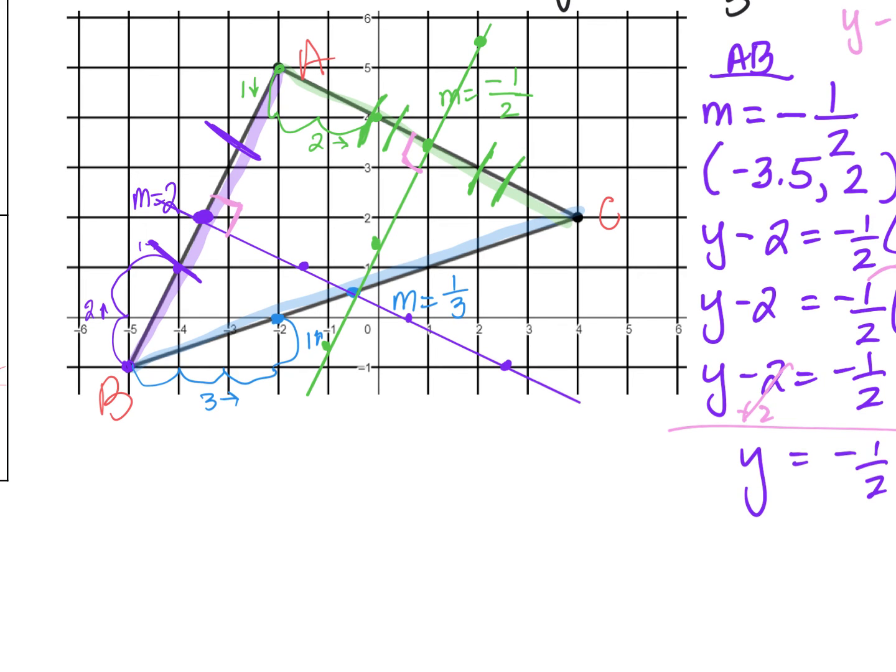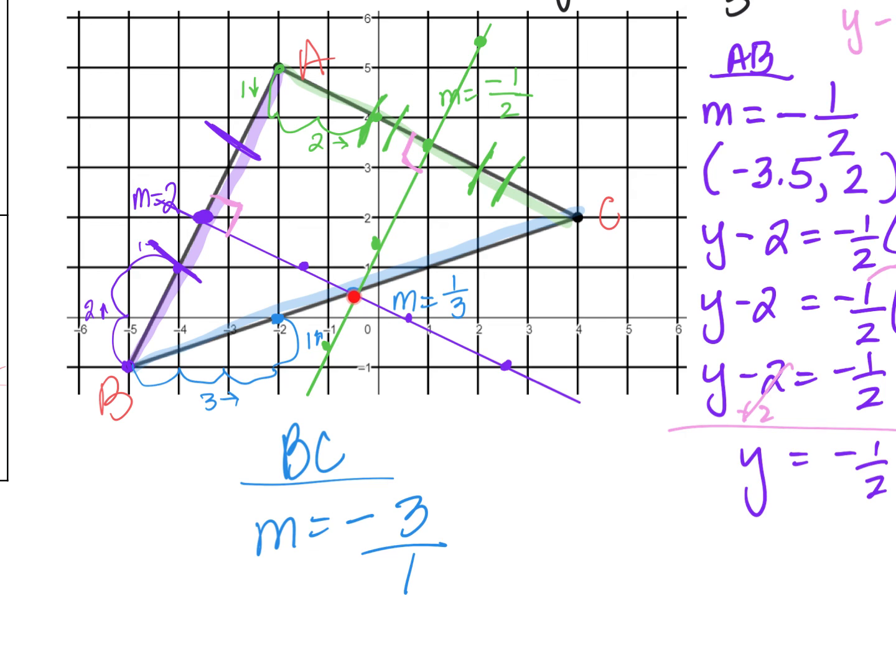Since the slope for BC is 1/3, I have to do the negative reciprocal, which is -3. So for BC, the slope has to be -3 over 1. That means I go down 3, right 1. I'm going to start at the point, which is my midpoint. This is my midpoint here.